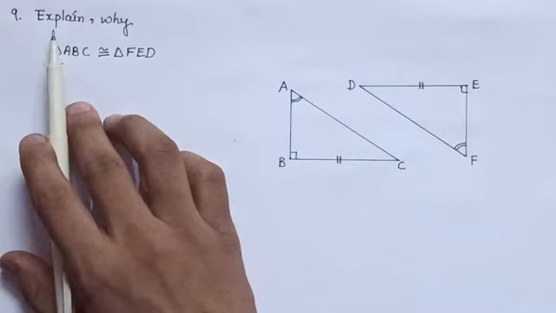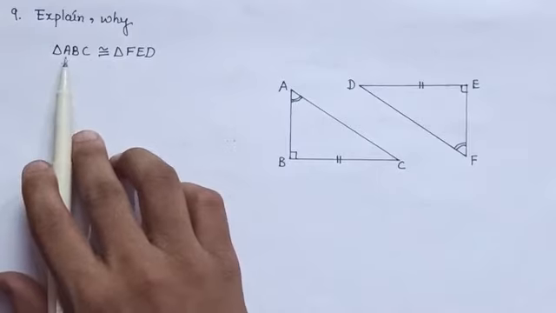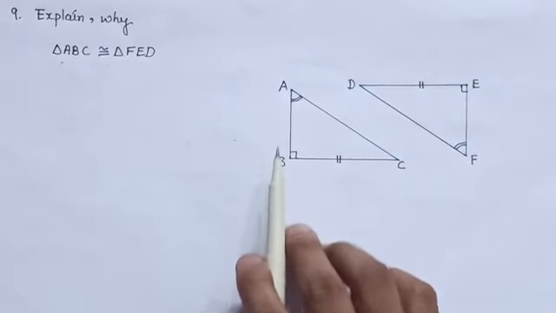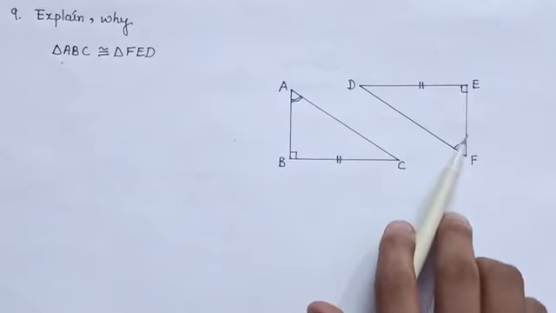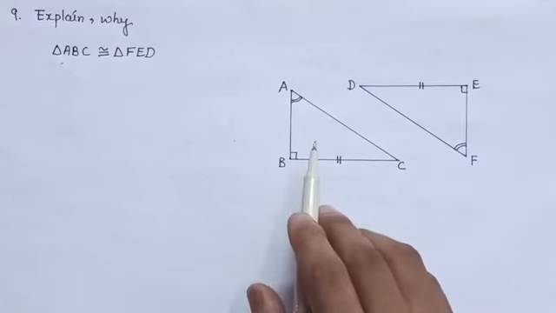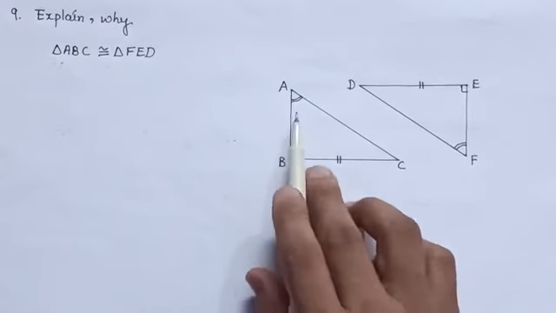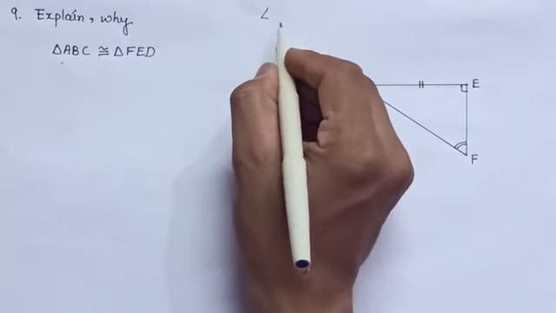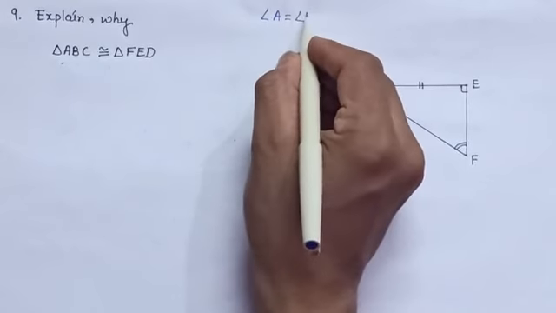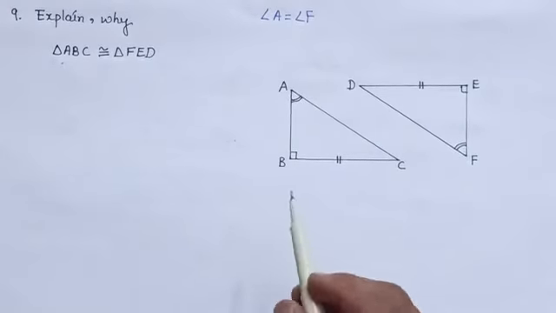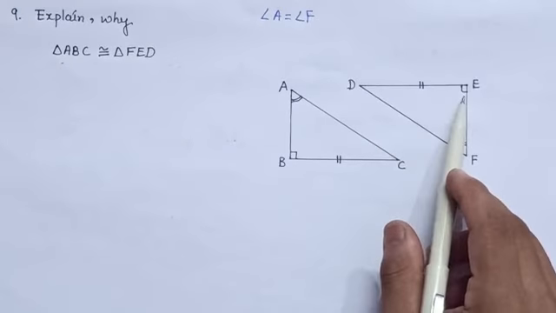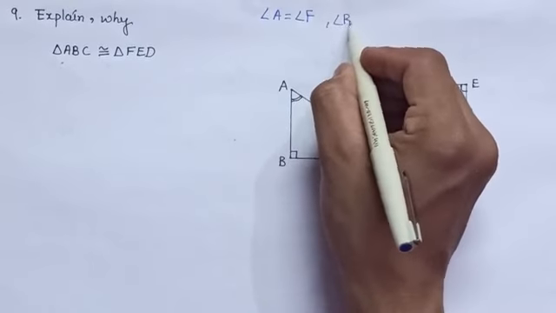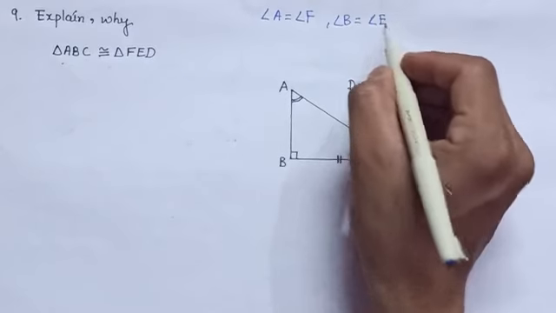Now students, the next question we have: explain why triangle ABC is congruent to triangle FED. So here you can see this is the triangle ABC and this is the triangle FED. Now in this figure you can see that it is given angle A is equal to angle F. Again it is given angle B is equal to angle E because both measure 90 degrees.